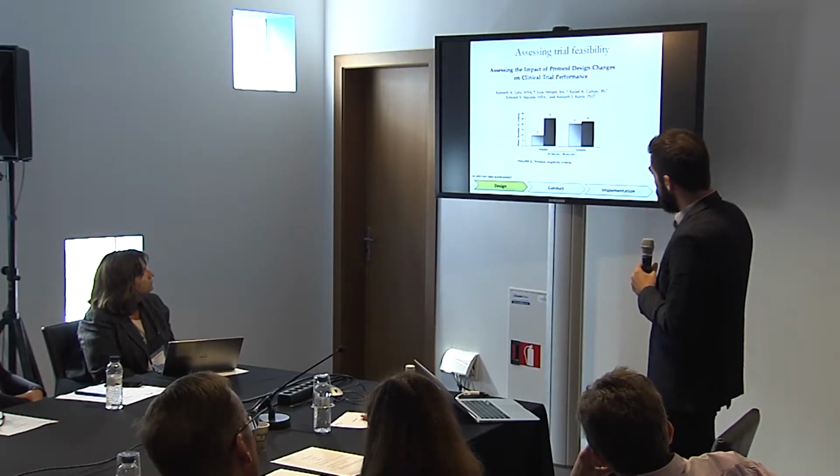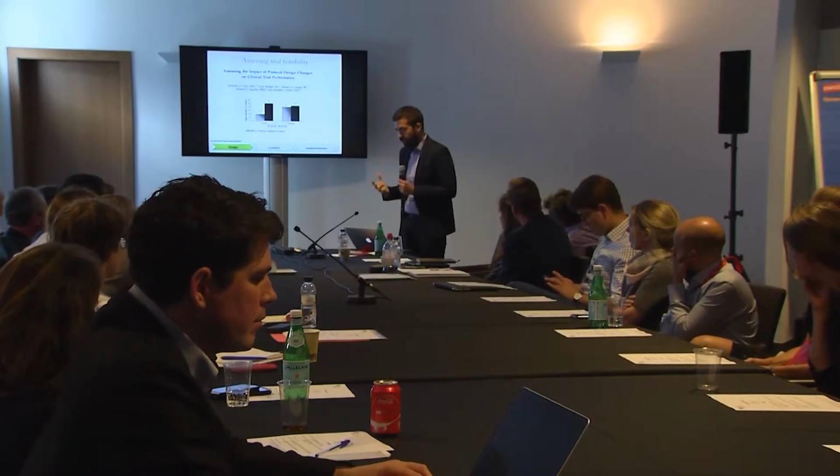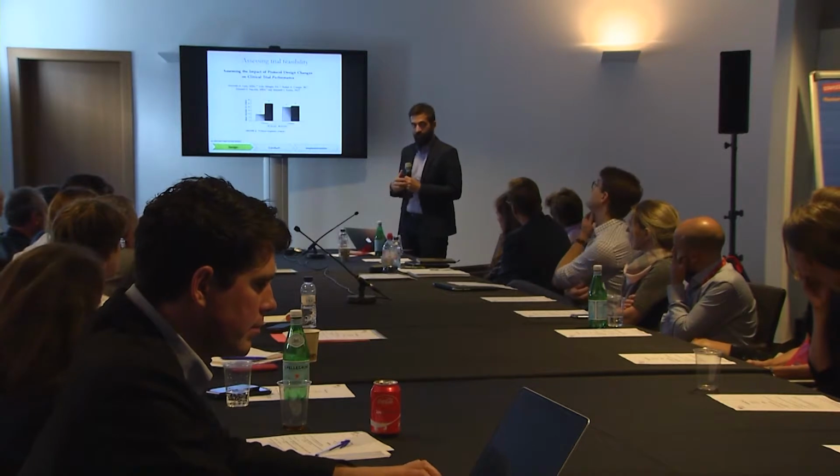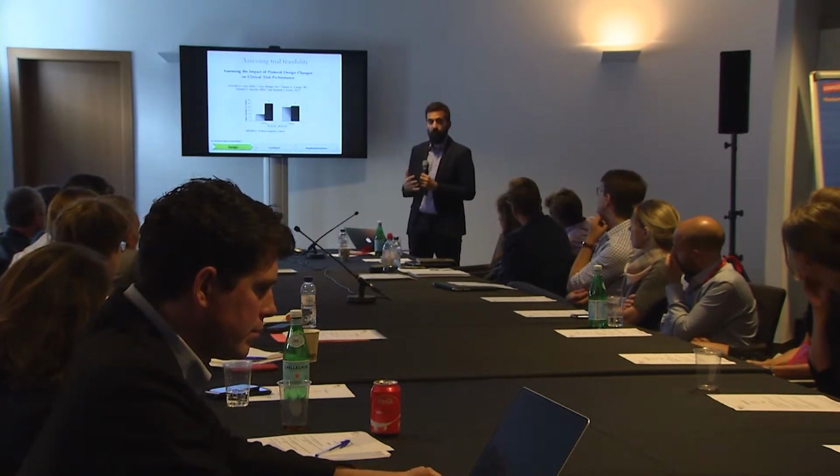The median number of inclusion criteria shot up from 10 to 26, and there was a small increase in exclusion as well. So protocols are getting more complicated, and the more complicated a trial protocol is, arguably the more selective it is, and probably the harder it is to recruit patients for that trial.